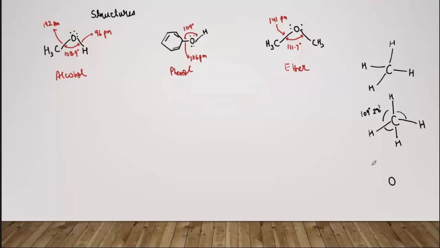Because there are four pairs of electrons, the geometry around the oxygen atom should also be tetrahedral, right? The geometry should be like this, because the electrons are present in the same structure, the pairs of electrons are the same in number, so the geometry should also be comparable, tetrahedral. Now you can see that the bond angle around O is 108.9 degrees, which is approximately equal to the tetrahedral bond angle of 109 degrees and 28 minutes, but it is slightly less than this.